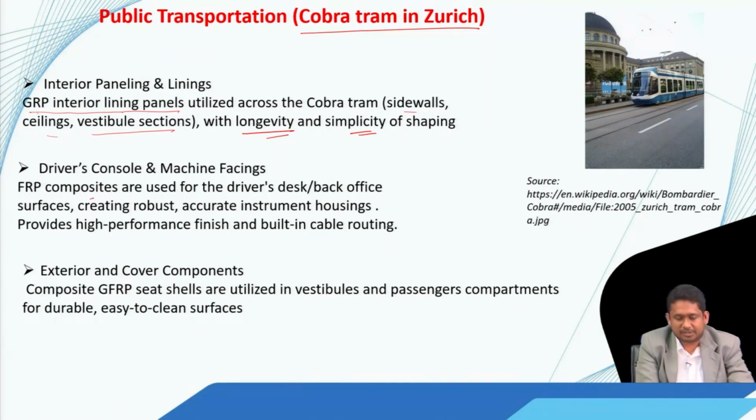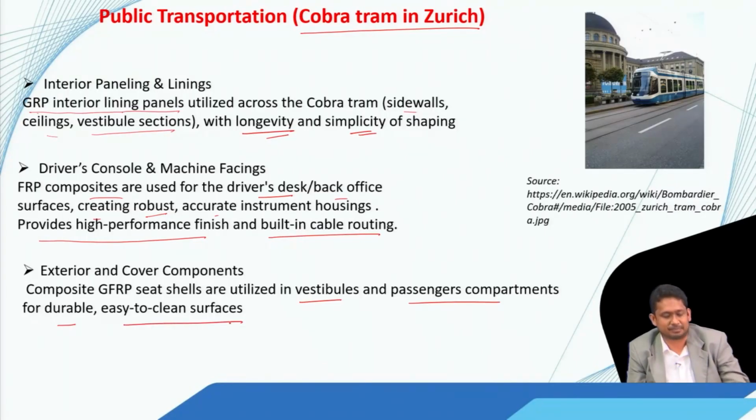Then this FRP is used for the driver's desk back office surface. This creates robust, accurate instrument housing, and provides a high performance finish and built-in cable routing. Then GFRP seat shells are utilized in vestibules and passenger compartments for durable and easy to clean surfaces.